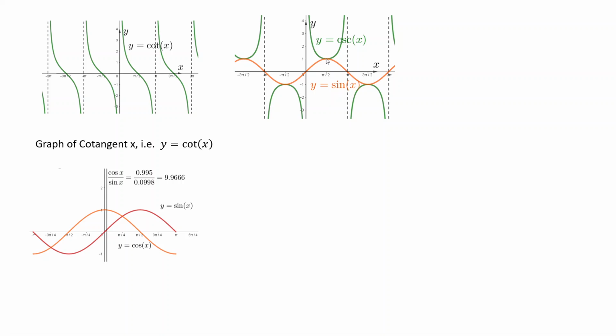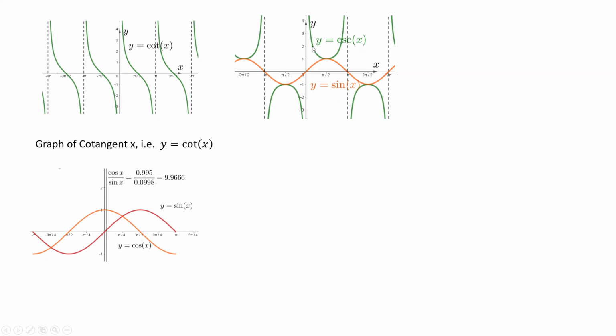Now, let's say over here, the y value of sine is 1/2. Would you agree that cosecant therefore should be the reciprocal of 1/2, which is 2? So where the sine is 1/2, the cosecant has a value of 2.